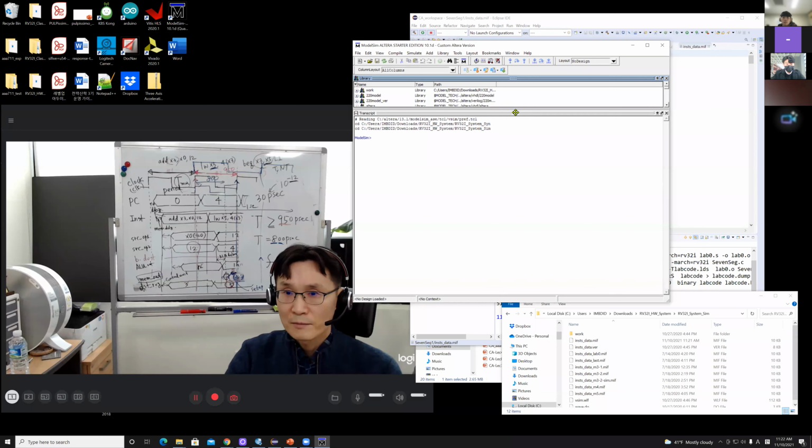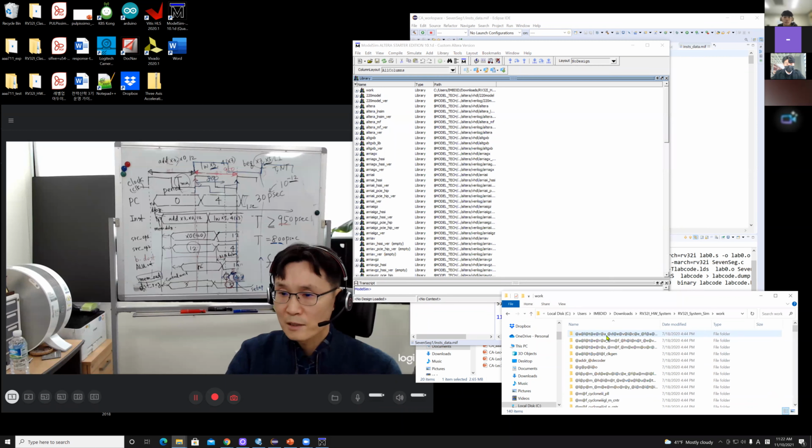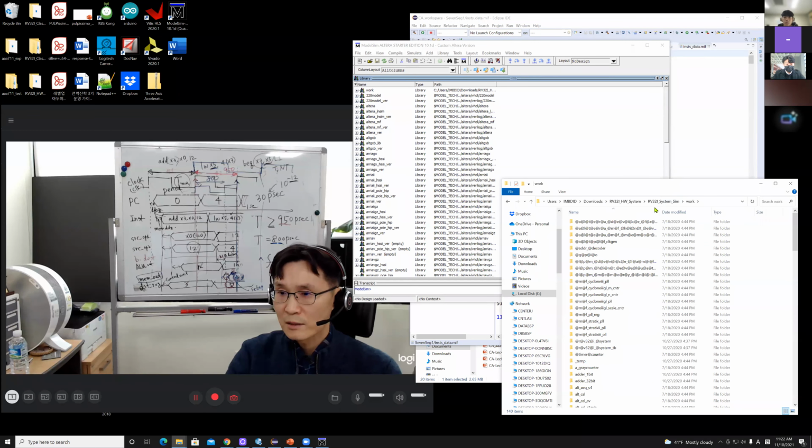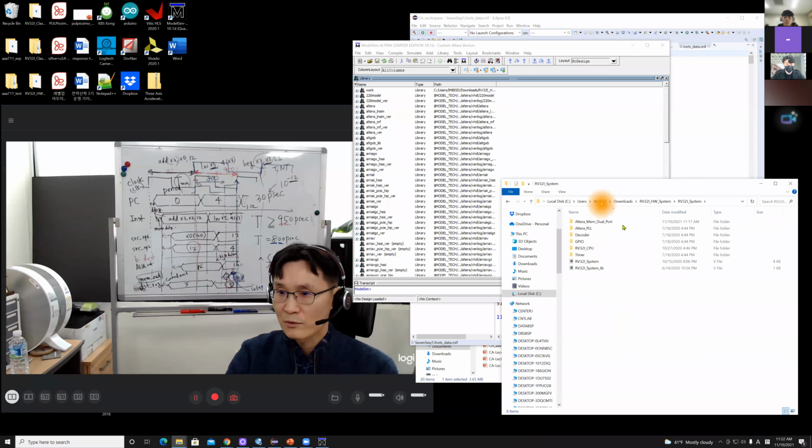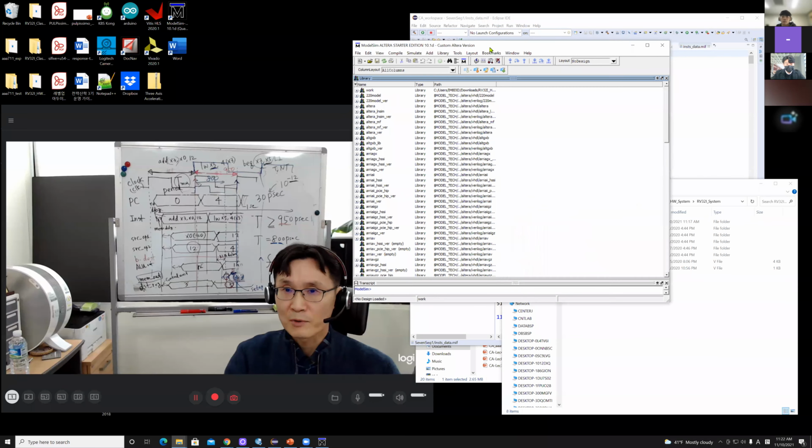Then this work folder is the place I compiled. Compiled what? All of this hardware design. You have to compile the Verilog design first to make sure you don't have any syntax or keyword problems.